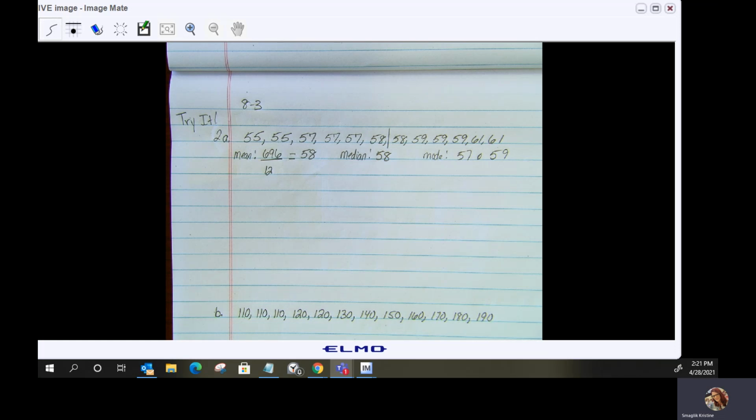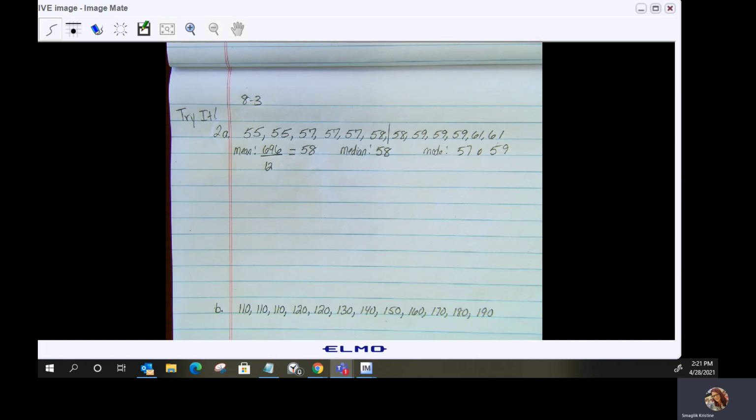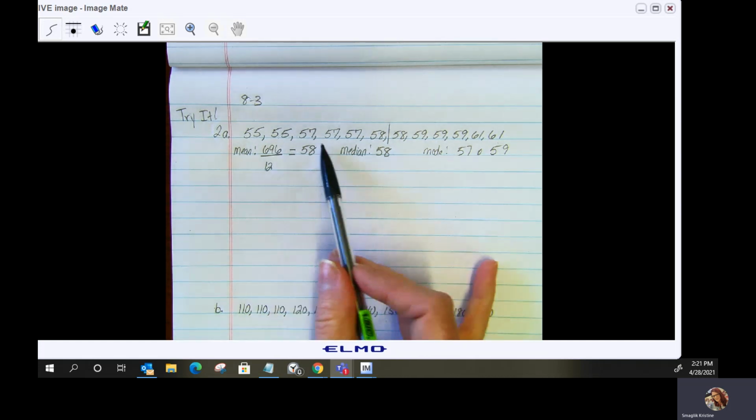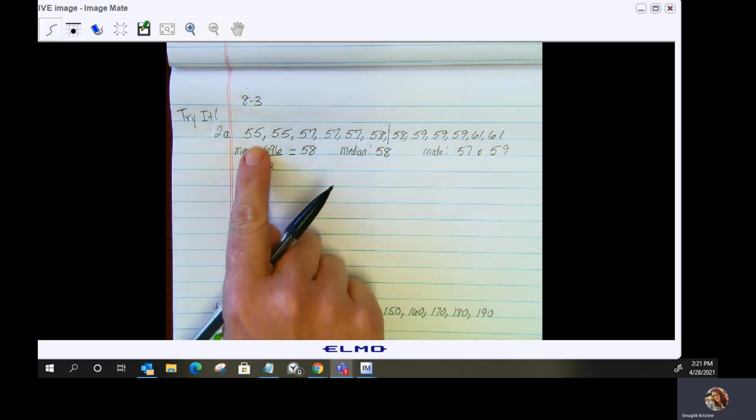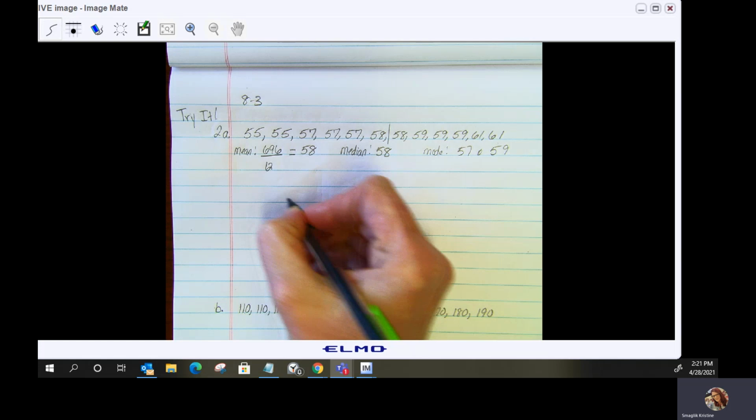So let's go ahead, and your book doesn't show this. I know you guys have done it in middle school and Algebra 1. We're going to do a dot plot. I don't have a wide range of data, so a histogram to me is kind of futile. You can use a dot plot, nice and easy. My values go from 55 to 61.